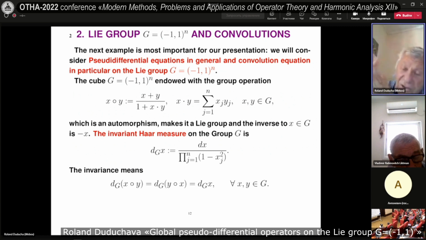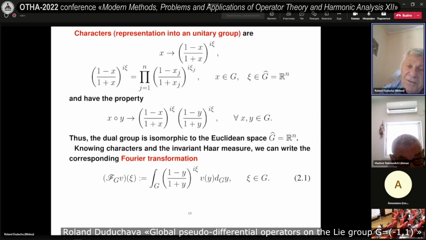The function should have some zeros at the endpoints to belong to the corresponding spaces. The invariance of this measure means that if you take the product of x with y, and y is fixed, then you will get the measure dx again. That is, we have left and right invariance of this measure.